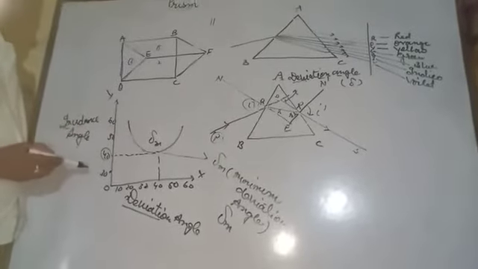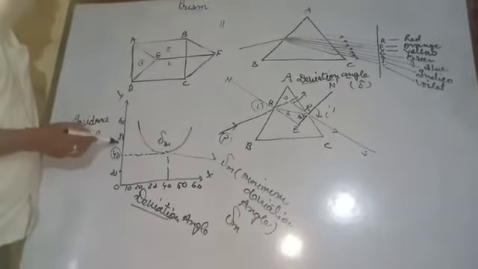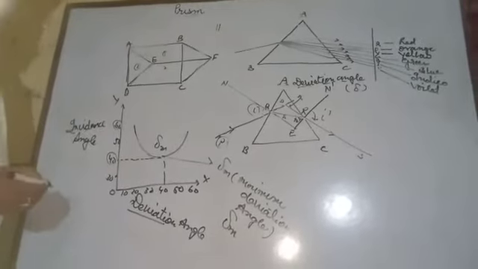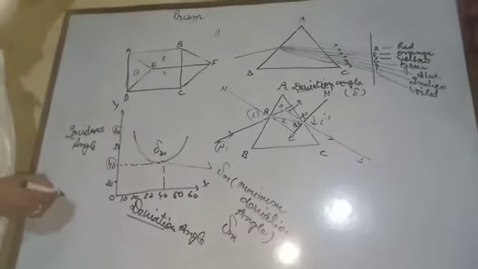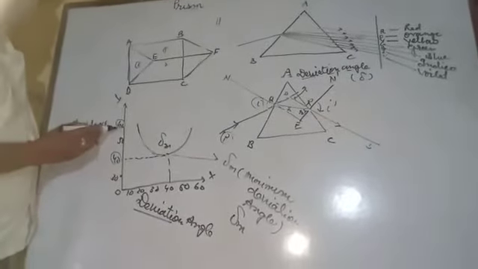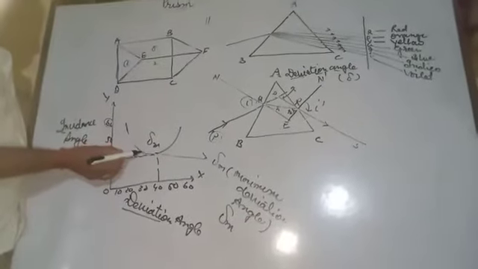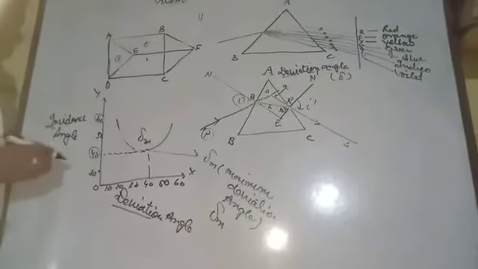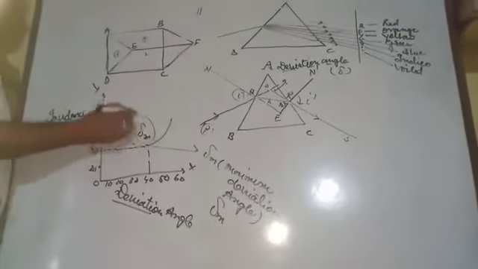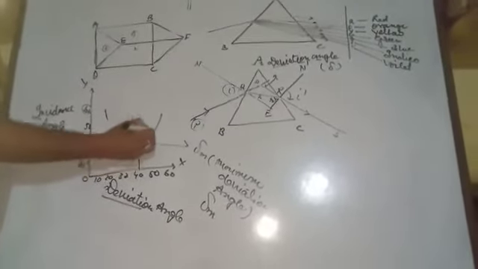Here you can see when incident angle increases, first of all deviation angle decreases, and at a very special incident angle it decreases to a minimum, and after that it increases also.